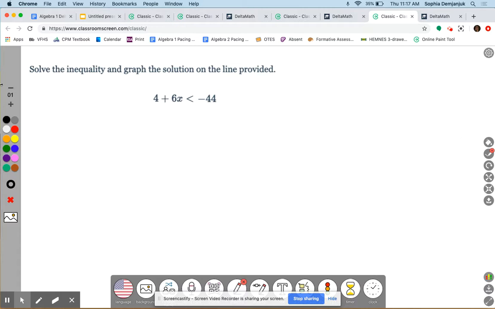And then the last example, I do the same thing. 4 plus 6x is less than -44. I want to get the x by itself. That's so weird. I didn't realize that all of the x's were going to be 6x. Okay, get the x by itself. So I want to move 4 to the other side. Subtract 4 from both sides.